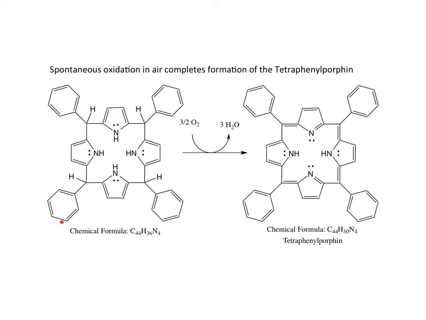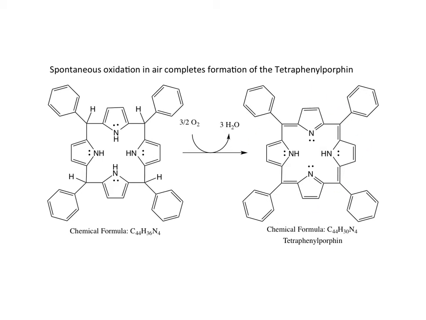Now, at the moment, we will leave this product unnamed. That is its formula, C44H36N4. We're not done, right? Our pyrrole has a particular aromatic ring system that we have to recreate. Now, luckily for us, we don't have to do much.